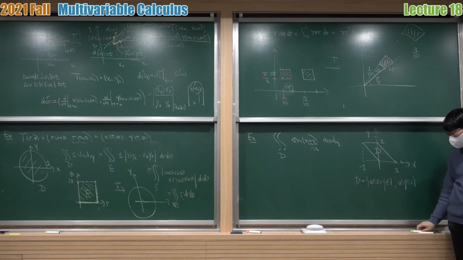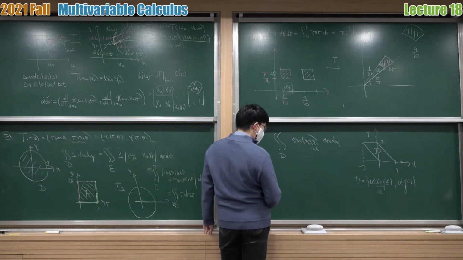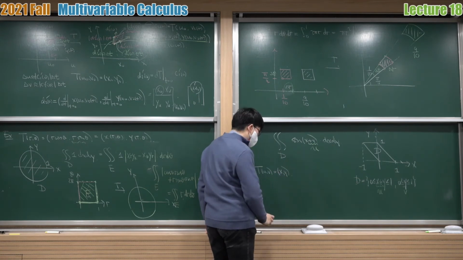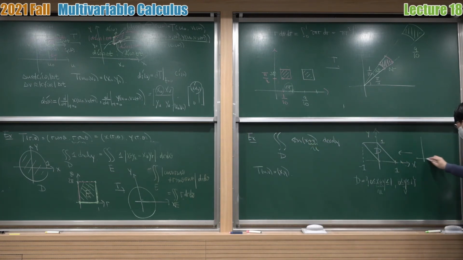Now, if I replace x plus y with u, and then if I replace y by v, then I can make a transformation T which maps uv to xy, and this transformation is mapping u comma v, which is in 0, 1 by 0, 1, to this parallelogram.